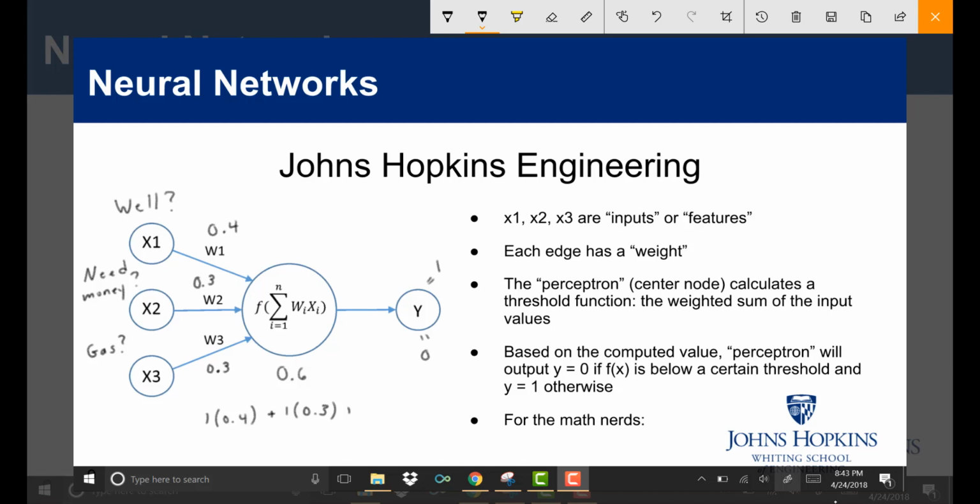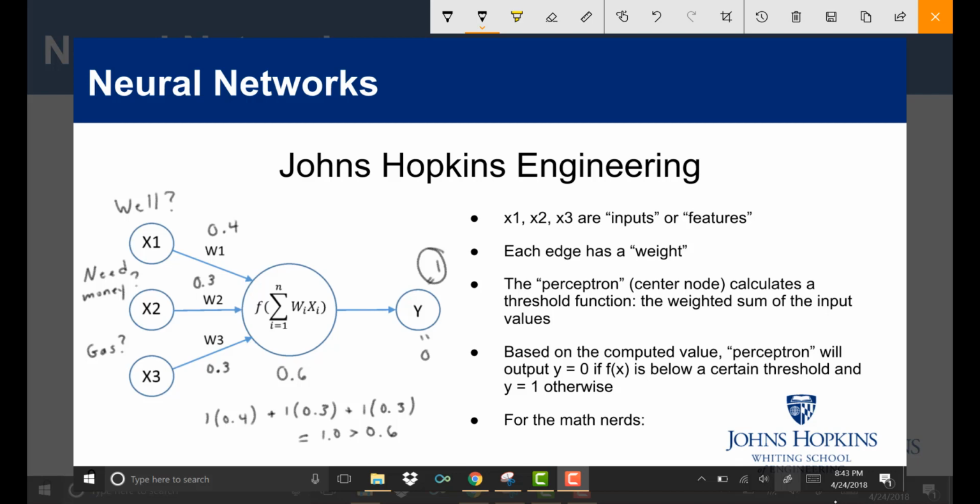And let's say I do have gas, so 1 times 0.3. As you can see, 1 times 0.4 plus 1 times 0.3 plus 1 times 0.3 is going to result in a 1.0. And that's greater than 0.6. Therefore, we're going to output a 1, and we are going to go to work.